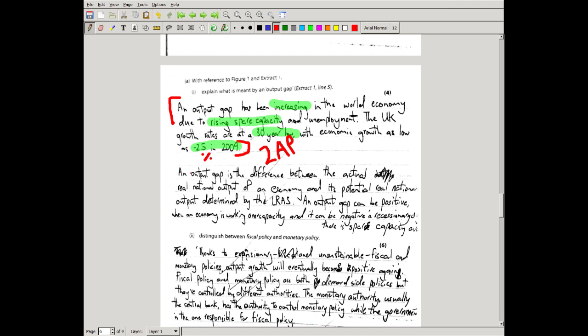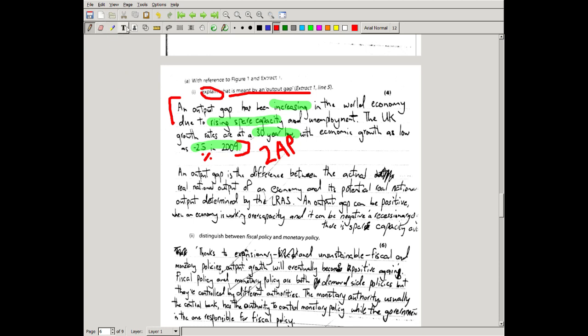And now I'm defining the term, what an output gap is, because that is the essence of the question. Explain what is meant by an output gap, not refer to it. An output gap is the difference between the actual real national output of an economy and its potential real national output determined by the long-run aggregate supply.